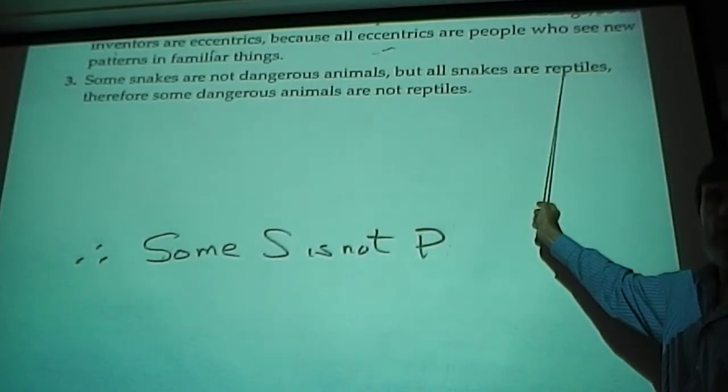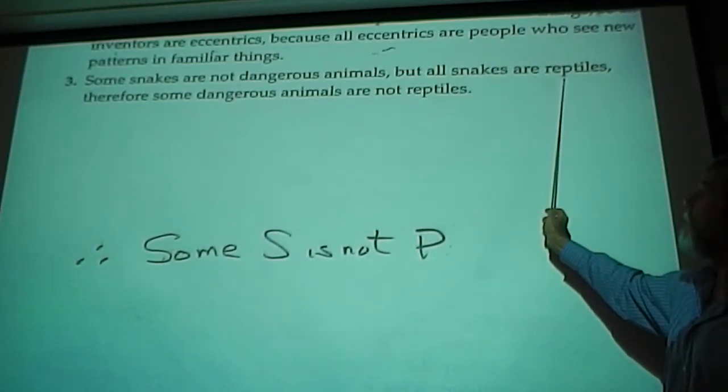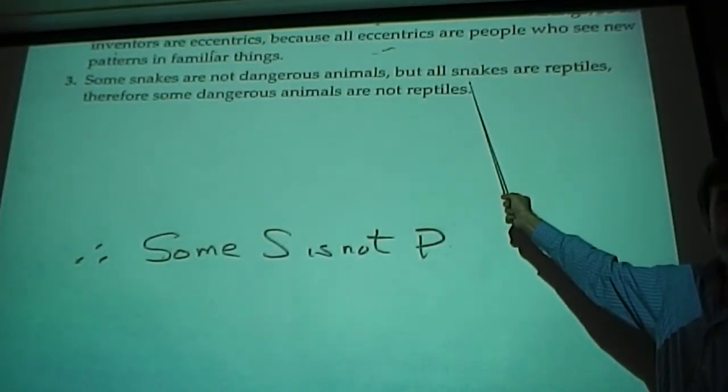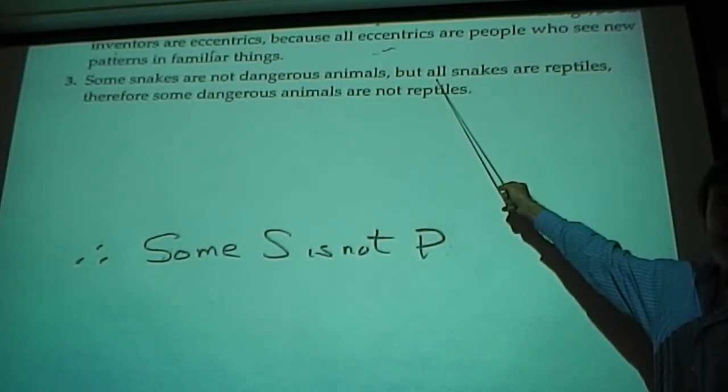P for the major term always, right? So let's go ahead and put our P in the predicate position. This is going to have to be M in the subject. And it's an A proposition.